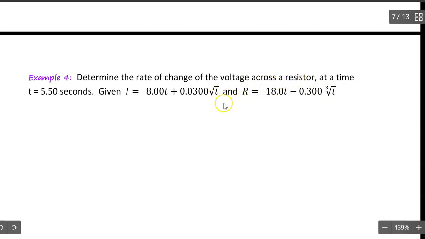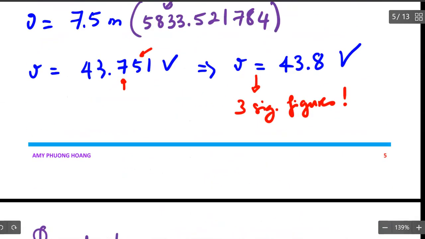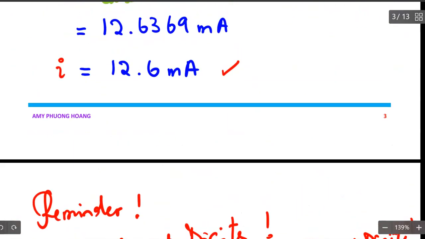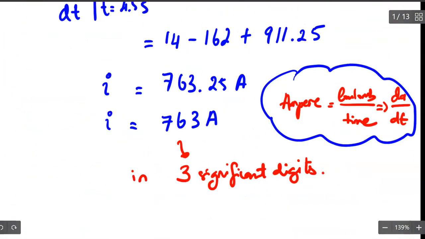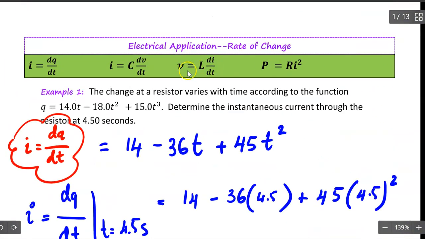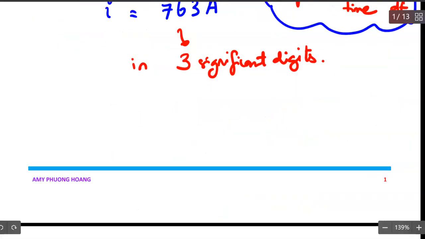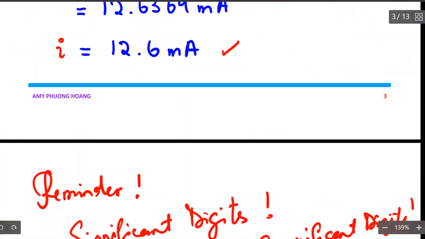If you go up to the formulas given to us at the very beginning, we have a voltage V, but then we are looking for the instantaneous voltage and we have an inductor present in our circuit. This one is just the formula for the power. So then how do we work with this example number 4?